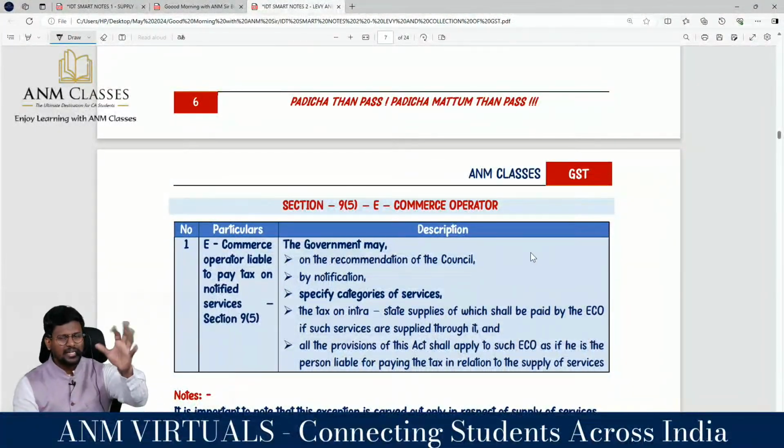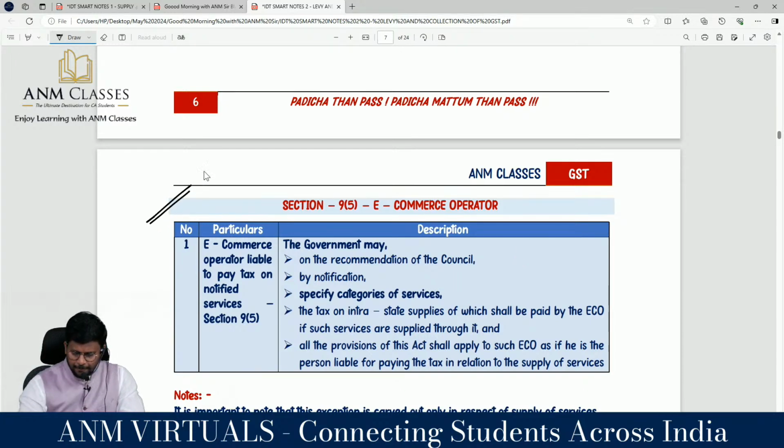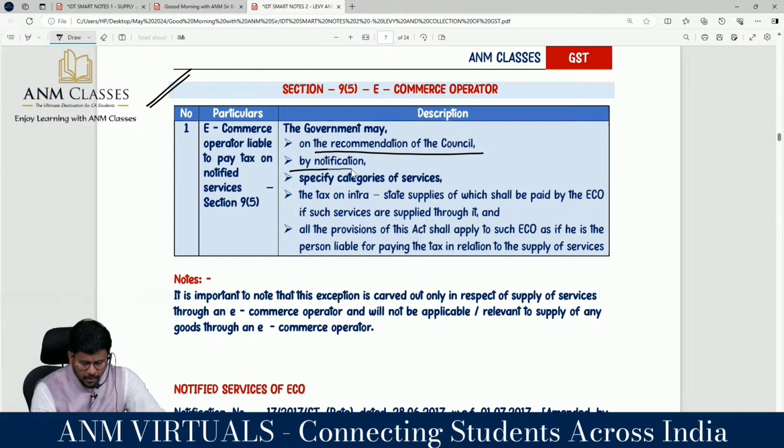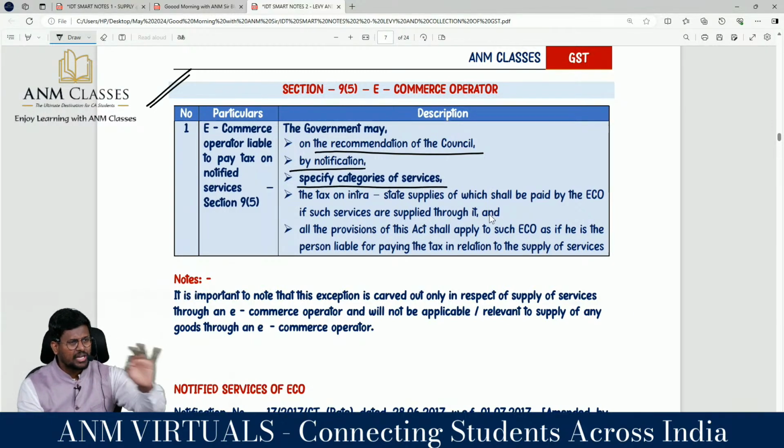What is 9(1)? Levy and collection of CGST. What is 9(2)? What is 9(3)? What is 9(4)? What is 9(5)? Taxability: the government may, on the recommendation of the council, by notification specify categories of services.